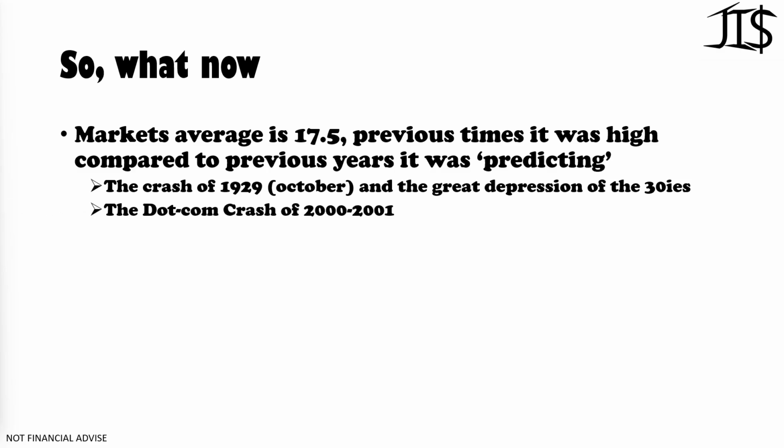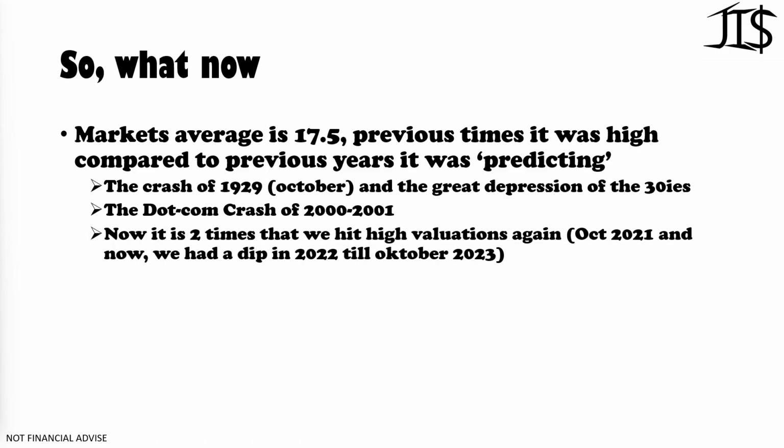The dot-com crash of 2000, 2001, you also saw that. Then the Shiller's PE ratio was really high, and now it is obvious that there were two times that we hit more or less the same value, and we already had the dip in 2022 till October 2023.